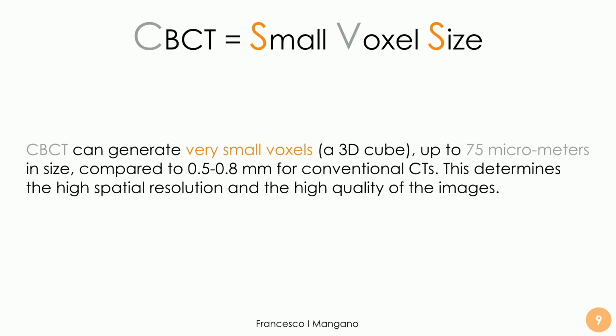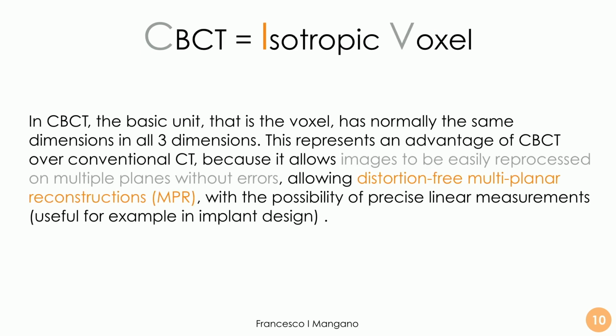So this determines the high spatial resolution and the high quality of the images with CBCT. And when we talk about CBCT, we talk about isotropic voxels. This basic unit, the voxel, normally in CBCT has the same dimension in the 3 dimensions of space.